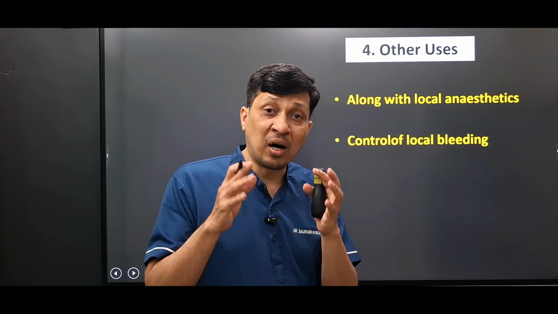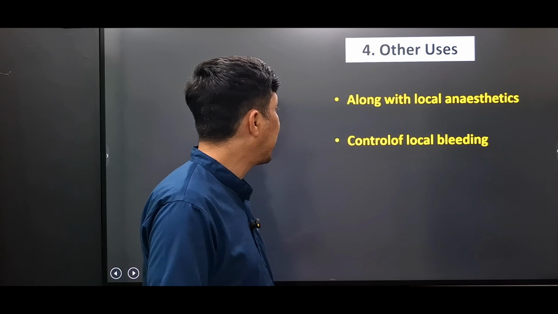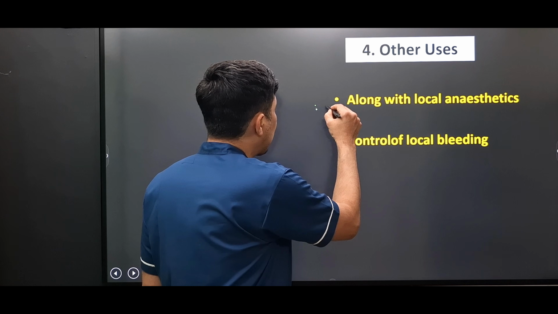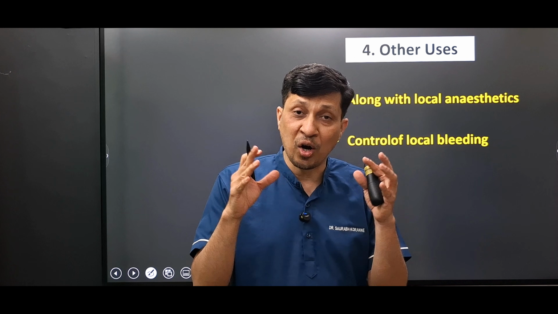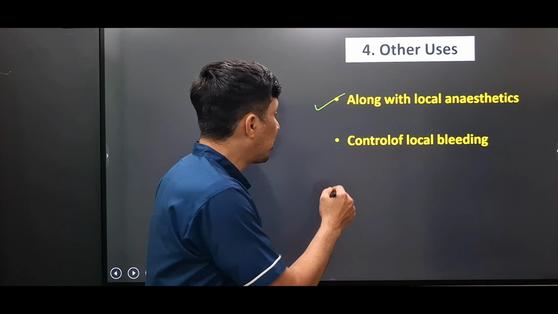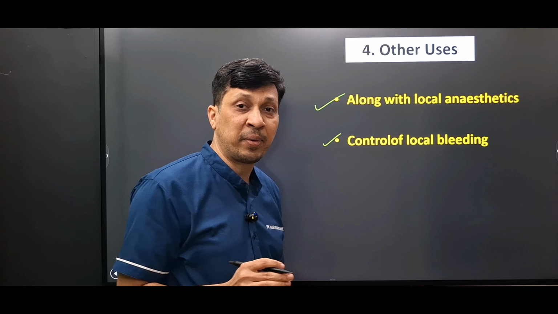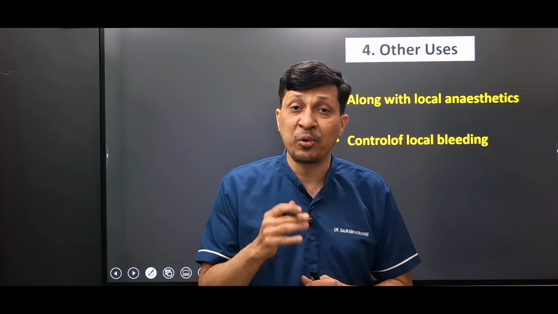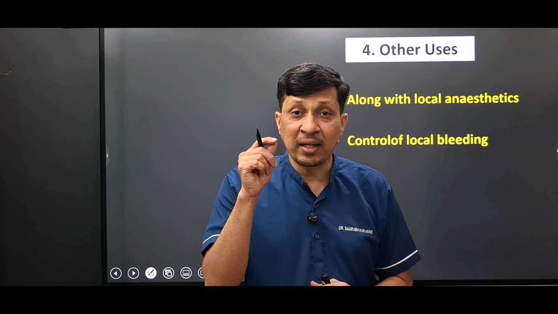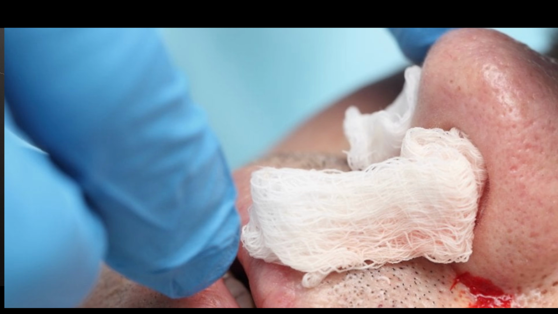Now there are also other uses of adrenaline. It is used along with local anesthetic as a vasoconstrictor to increase the duration of anesthesia. Then it is also used to control local bleeding, that is from the mucosa or from the skin. For example, during epistaxis, you can put a gauze soaked in adrenaline and then try to control the bleeding.